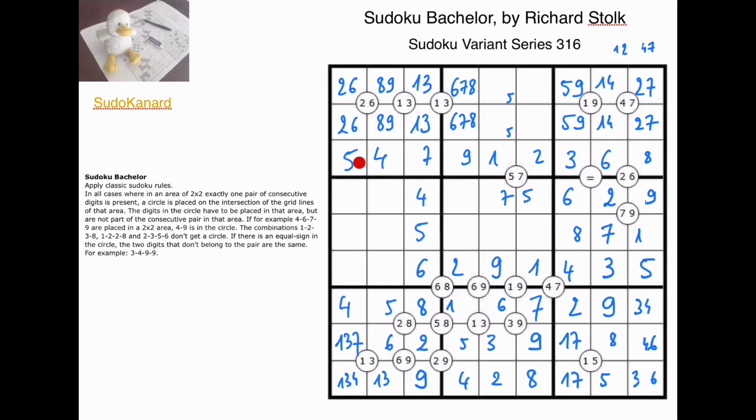That's a consecutive pair. If I put a 2 here, there would be only one consecutive pair here. So I can remove these 2. And this 6, I get this 7, this 2. This 6 is removed as well. This 7. Oh, and now those digits must be consecutive, so this one is a 7.